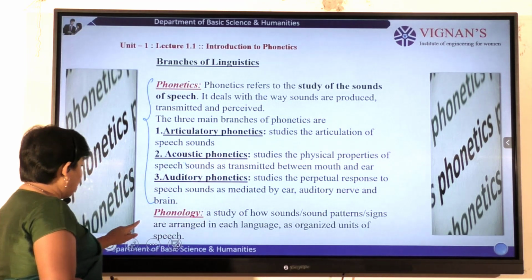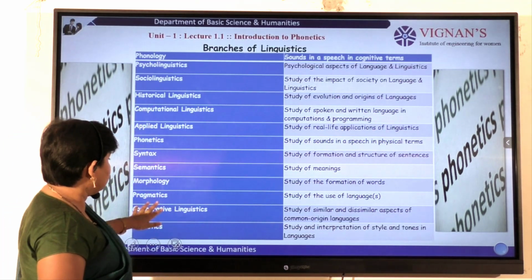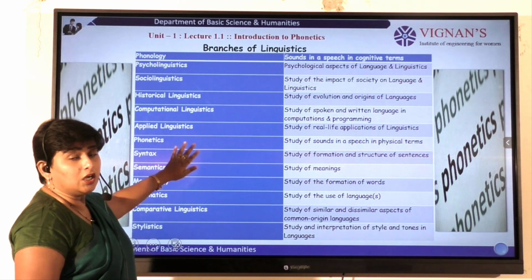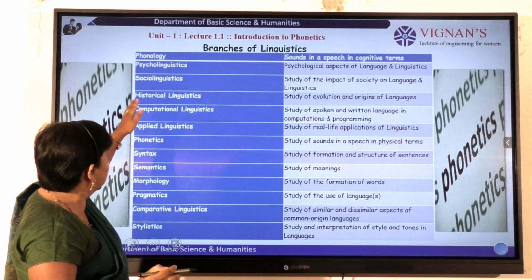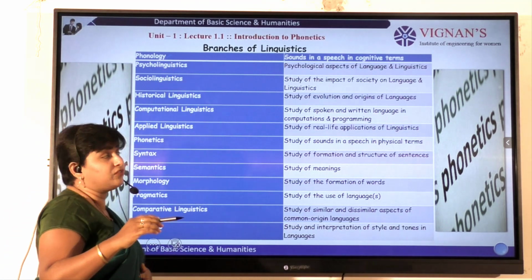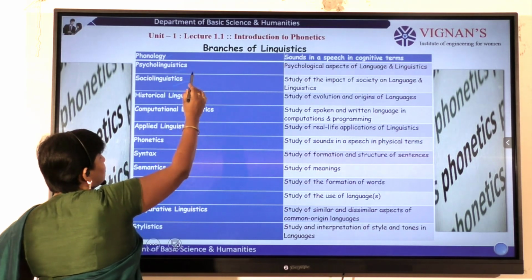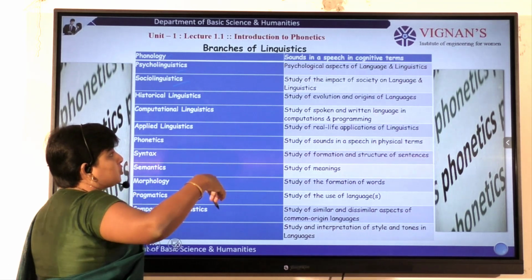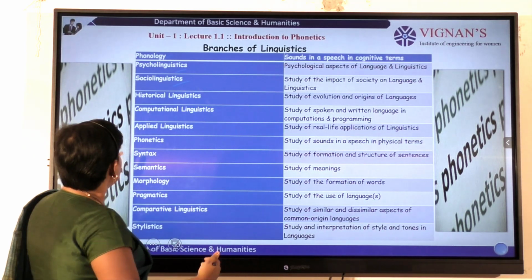Now moving on, we have other branches of linguistics. Not just that, we have all these as sub-branches of linguistics. To mention mainly phonology, because we are studying phonetics. Psycholinguistics is a sub-branch. Sociolinguistics involves how society influences us to pick up a language.